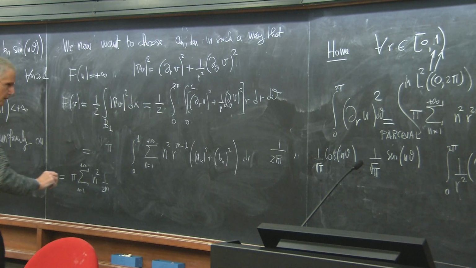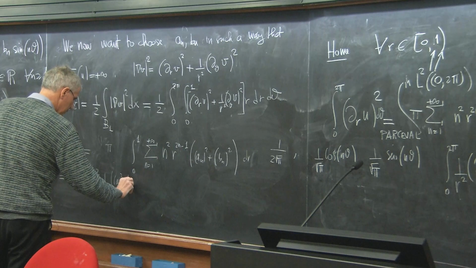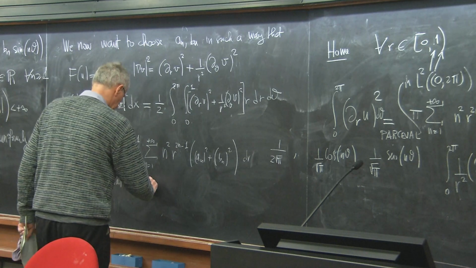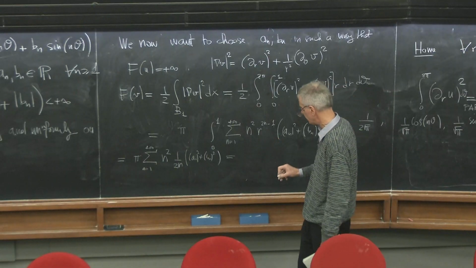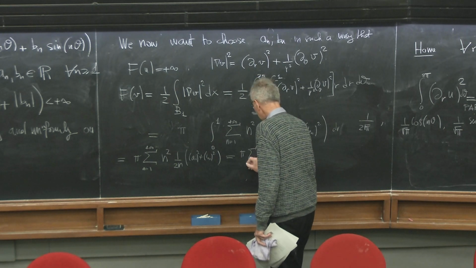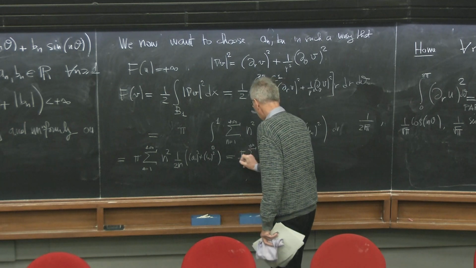And then I have an squared plus bn squared. Right? Yes, it's right. Because I have integrated this power here from 0 to 1, 1 over 2n. So pi over 2 times the sum.